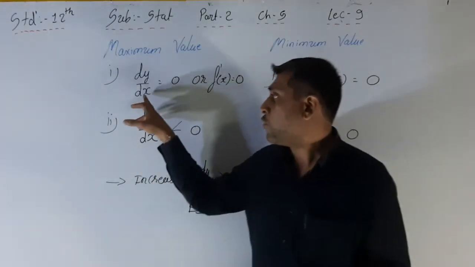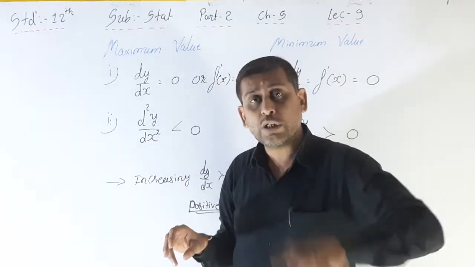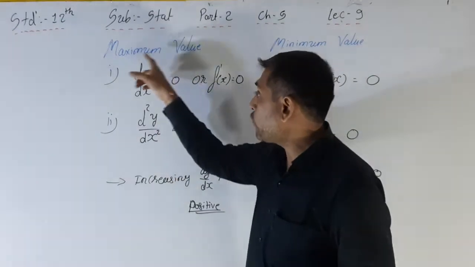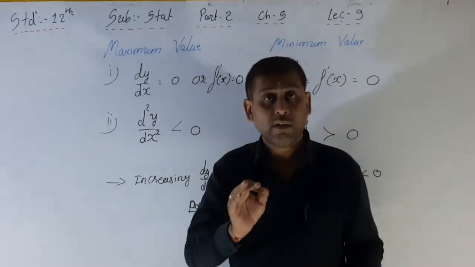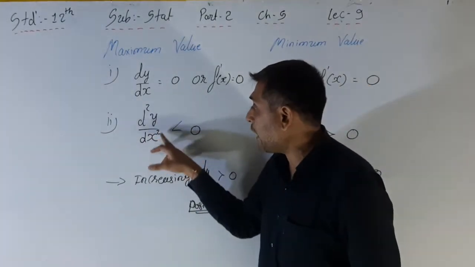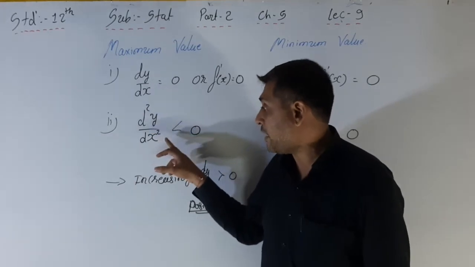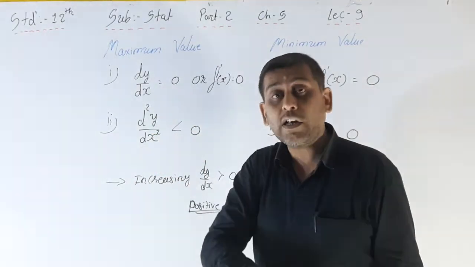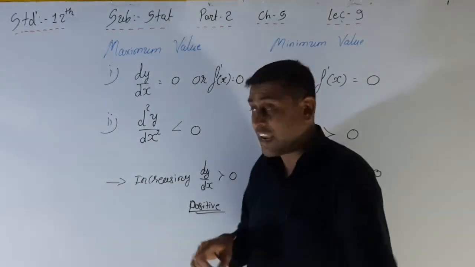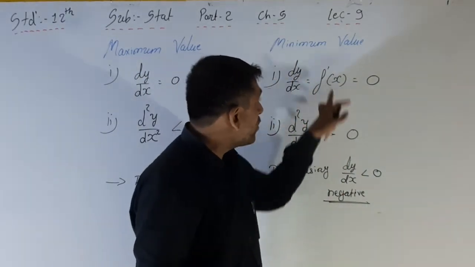So first find the first differentiation, then put first differentiation equal to 0, and from that we can find the value of x, and that x value we put in the second order differentiation, d square y by dx square. If that answer is negative, then it is a maximum function, and if that answer is positive, then it is a minimum function.